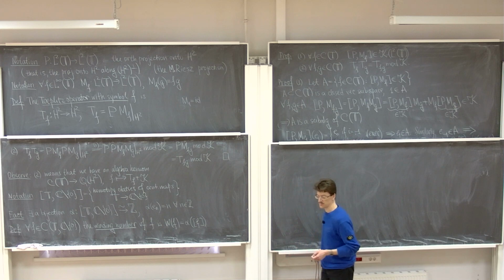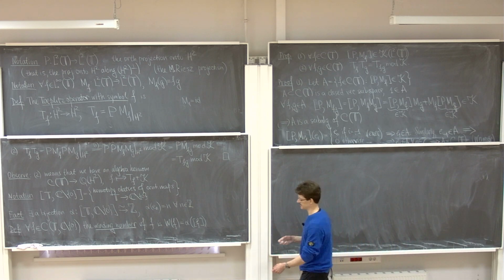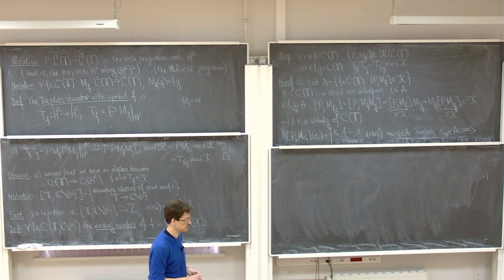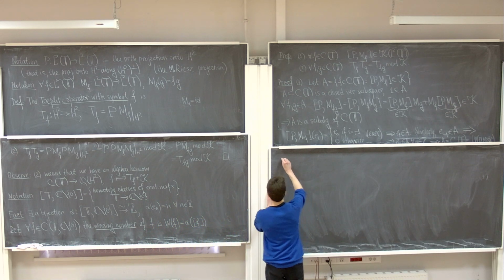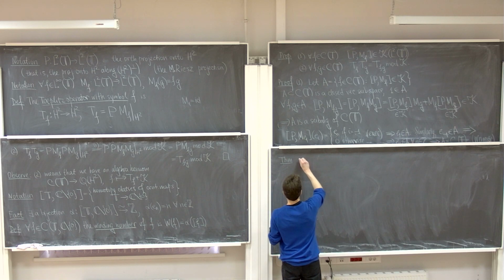Sometimes, by the way, the winding number is called the index of f around 0. And this is a beautiful place where two different meanings of the word index correspond to each other. Namely, we have the following result: the index formula for Toeplitz operators.